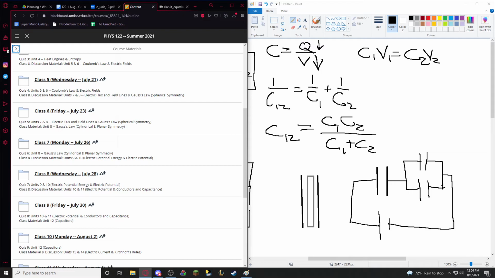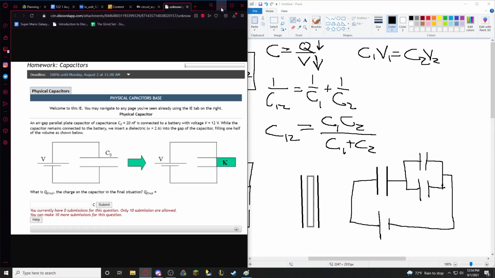Should be this one. All right. So, an air gap parallel plate capacitor, capacitance 20 nanofarads, connected to a battery, voltage 12 volts.